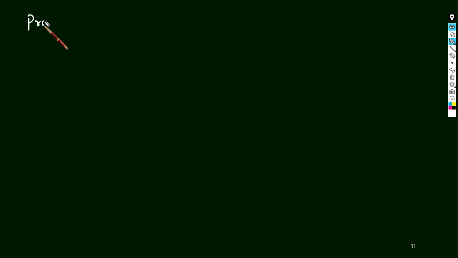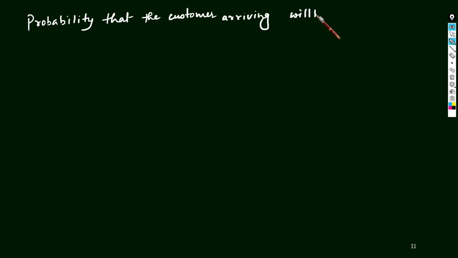So the probability that the customer arriving will not be allowed to join.